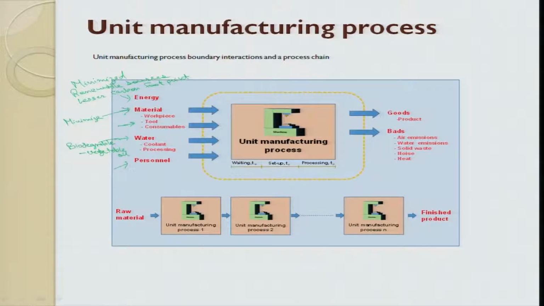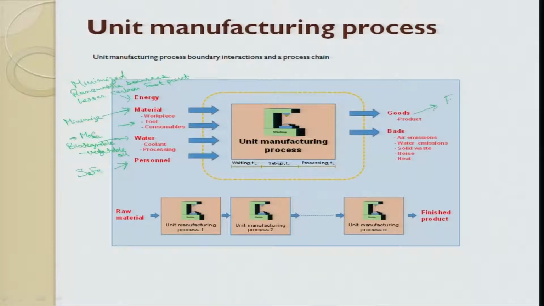We have already discussed ester oil, or maybe some other, we can even add some additives to the mineral oil like molybdenum disulfide, to have better results. Then personnel. Regarding personnel, it is important to keep them safe. Safety is the basic concern here. Now we have goods here.